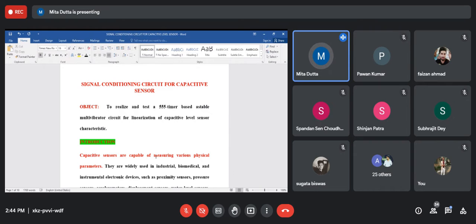Now, the 555 timer circuit can be used for two purposes: one as a monostable multivibrator and the other as an astable multivibrator.